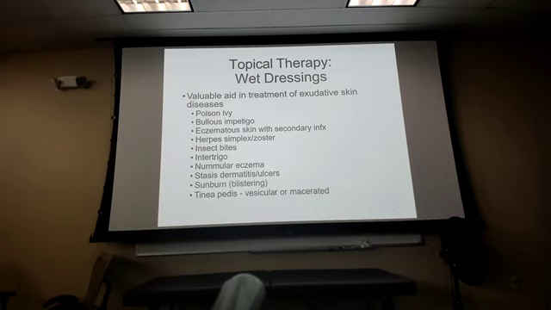Wet dressings, again, valuable aid in treatment of exudative skin diseases. So that's breaking it down into some of the things that could be there, and these are what the wet dressings can help, right?